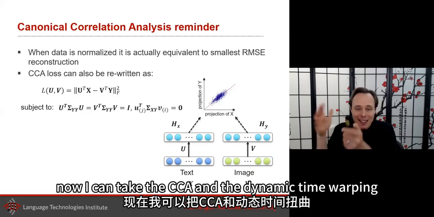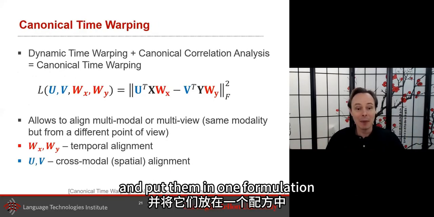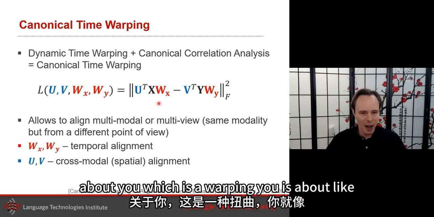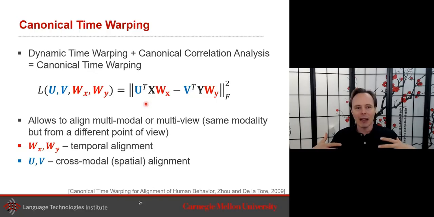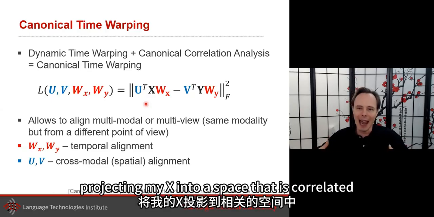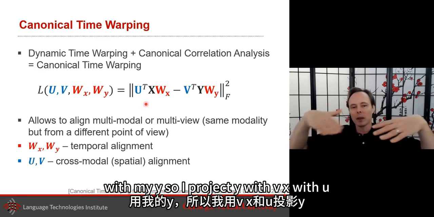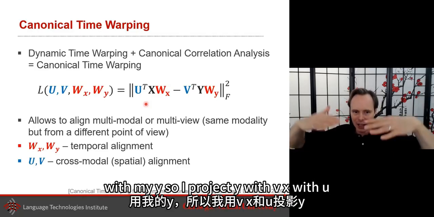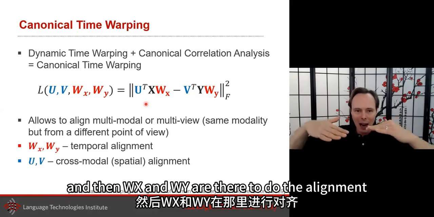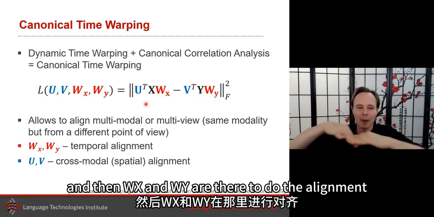Why go through this slightly different formulation? Now I can take CCA and dynamic time warping and put them in one formulation. That was this great paper from De la Torre. U is not about the warping, but about the projection: projecting my X into a space that is correlated with my Y. So I project Y with V, X with U, and then WX and WY are there to do the alignment.